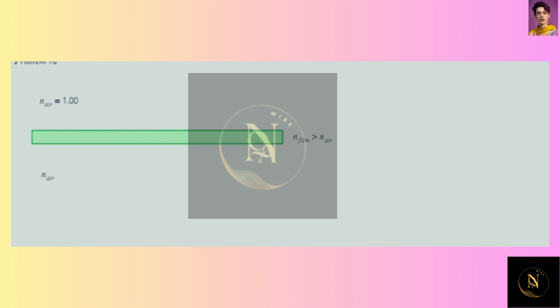So if light is coming in this example from air, and then it hits the boundary, what gets reflected off of the boundary, since we're going from air equal to 1 to a refractive index greater than 1, it's going to be shifted 180 degrees. So what comes out is going to be shifted 180 degrees, like so.